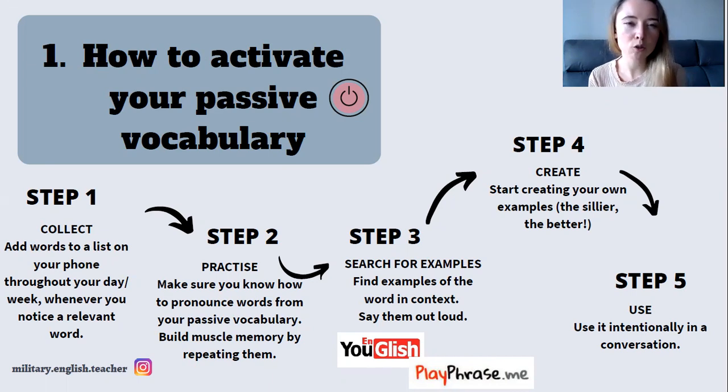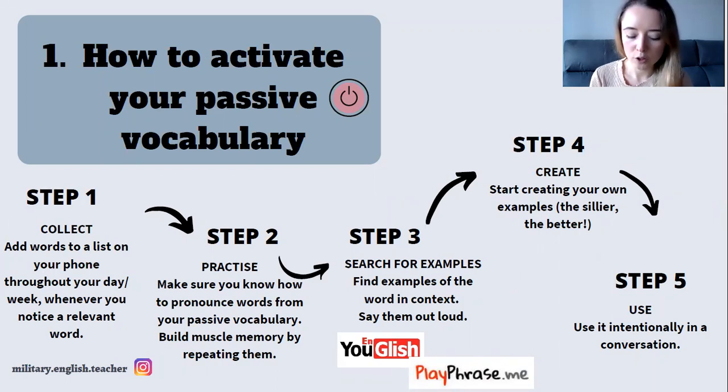So if you don't know how to pronounce the word, you're quite likely not to use it in a conversation because you don't feel confident enough about it. And you need to build muscle memory in order to feel confident using that word. So you need to practice. You need to take a word and practice it many times. Hear it and repeat it 20 times if it's necessary. You need to get used to saying this word out loud.